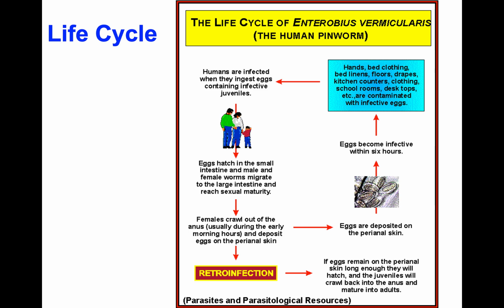And then there's retroinfection: if eggs remain on the perianal skin long enough, they will hatch, and the juveniles will crawl back into the anus and mature into adults.